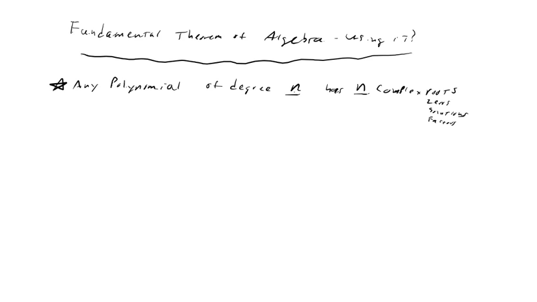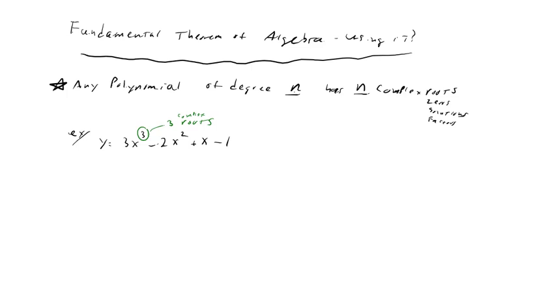So for example, if I have an equation like y equals 3x cubed minus 2x squared plus x minus 1, I know that there are going to be exactly 3 roots for this problem, because the degree of the equation was 3. It will have exactly 3 complex roots.